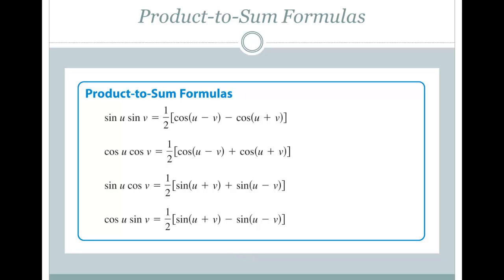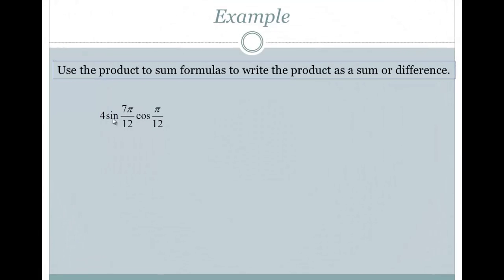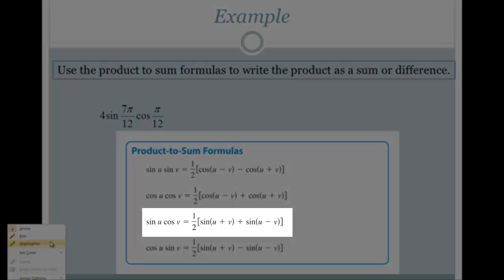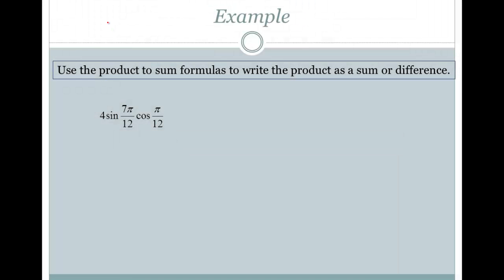Let's do a couple examples here. If I have 4 sine of 7 pi over 12 and cosine pi over 12, when I use my formula, my u in this particular example is going to be 7 pi over 12, and my v is going to be equal to pi over 12.